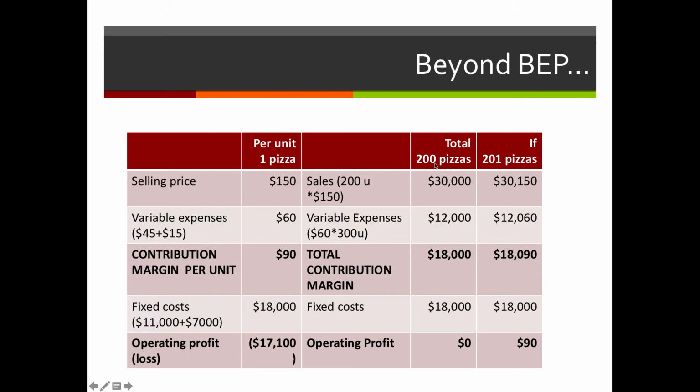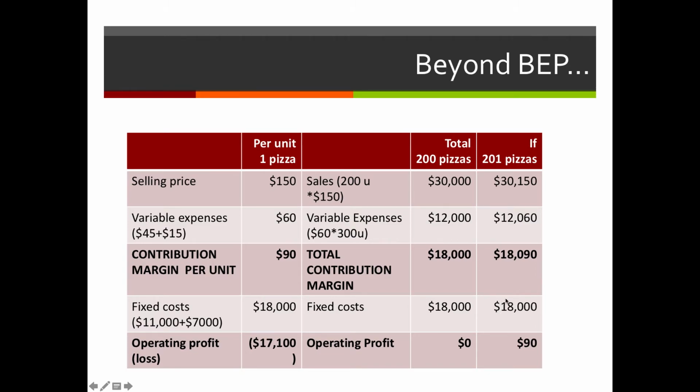But when you reach the break-even point and you decide to sell one more pizza, the impact on the operating profit equals one contribution margin per unit. So for the 201st pizza, sales increase by 150 and variable cost by 60, for an additional contribution margin of 90 pesos. The fixed cost remains the same.